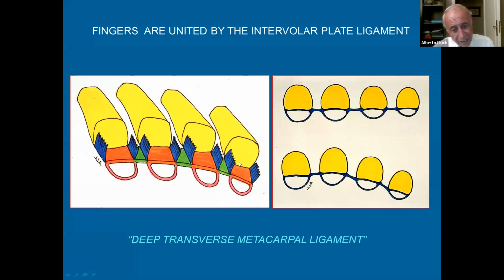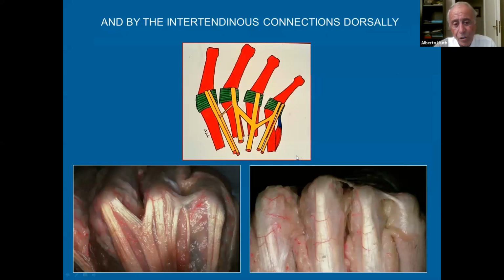So the fingers are united volarly by the intervolar plate ligament, and once we start having a dislocation of the extensor tendon of one finger, the other ones will follow, because the fingers are held together anteriorly by the intervolar plate ligament and dorsally by the junctura tendinea, which are usually quite distal. They usually are up to the level of the web space, almost at the head of the metacarpal.